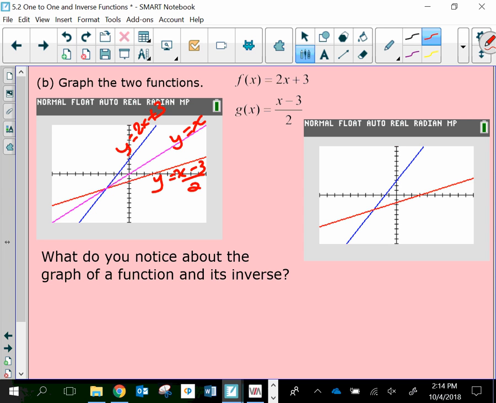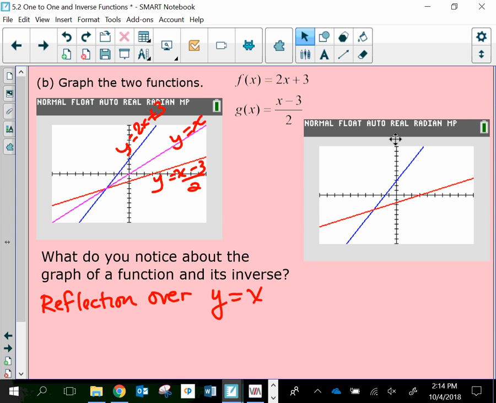If you look, it is exactly what Sarah said, a reflection over the line y equals x. And it's always going to be that. Sometimes it's not as obvious to see, but it's always going to be that if it's the right inverse. Okay? What point is this?